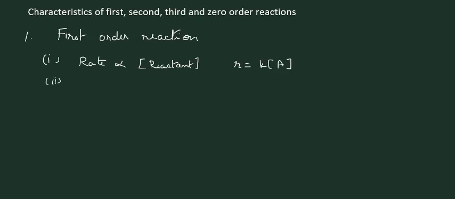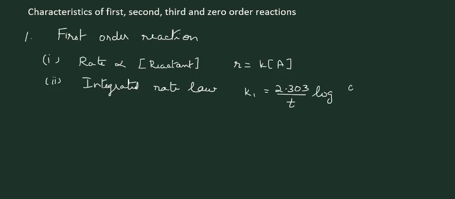Second is regarding the integrated rate law. This is given by K1 is equal to 2.303 by T log A divided by A minus X. Third one is regarding a graphical representation of this.